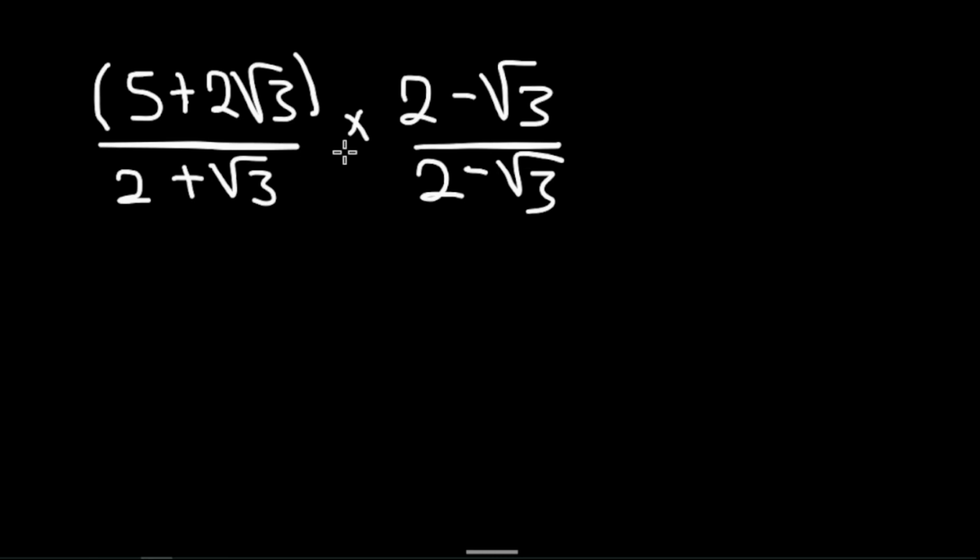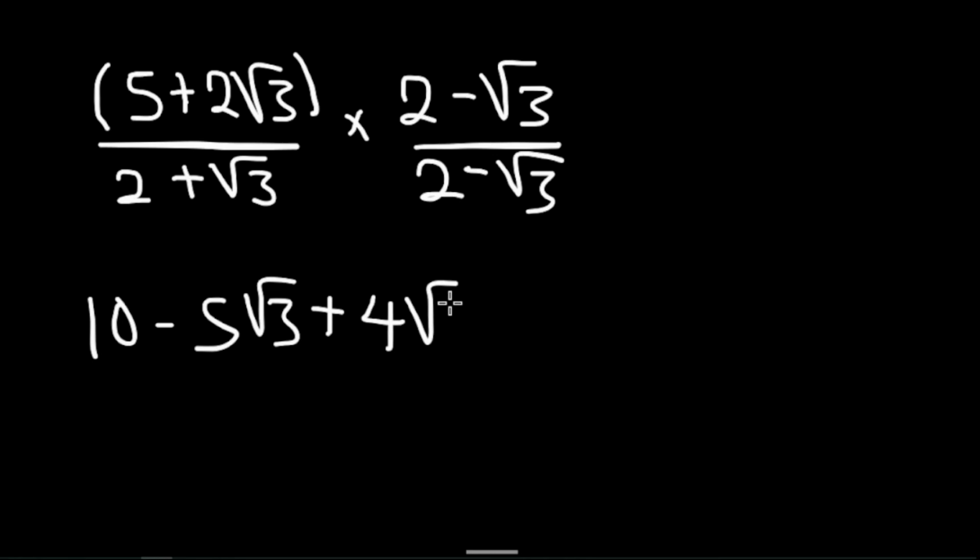So we're going to have 5 by 2, which is 10, and then 5 by negative root 3, which will become negative 5 root 3. And then now we have 2 root 3 times 2, which is basically 4 root 3. And then you have 2 root 3 by negative root 3. So that's going to be minus 2 root 3 by root 3, that is the root of 9.